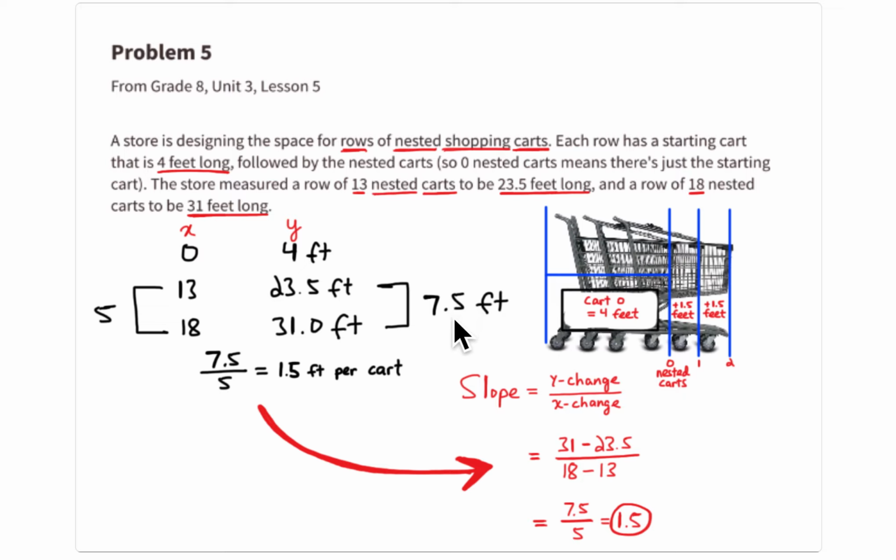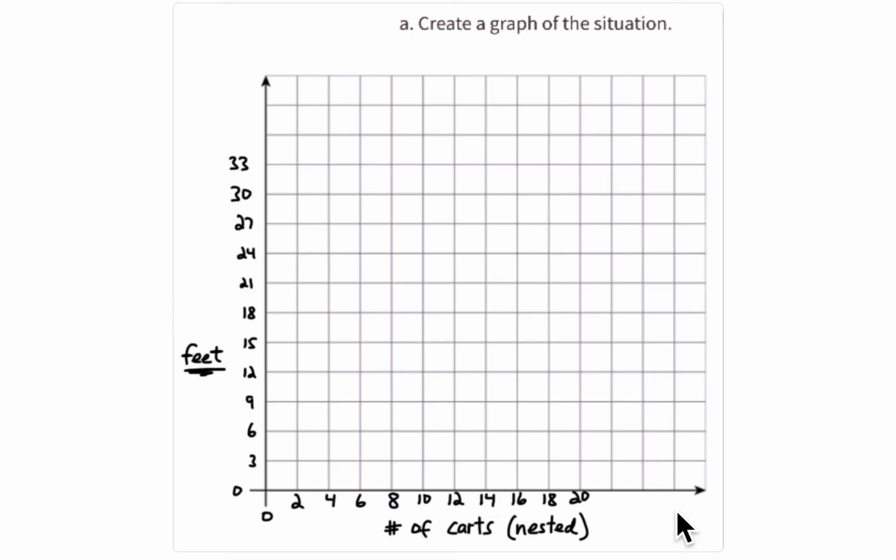That's 7.5 feet. And that is compared to the change in the x value. So the x value is 18 minus 13, which is 5. So this is just like figuring out the slope. The change in x is 5, the change in y is 7.5. So 7.5 divided by 5 is 1.5. So 1.5 feet per nested cart. That is the slope to the graph, which is what we're going to look at right now.